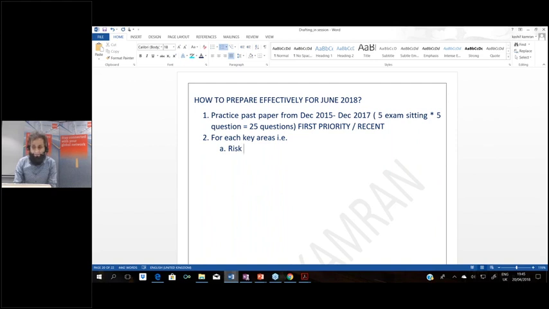When you practice the 5 exam sittings, you will get 5 questions on risk, because risk is question 1 by default. So automatically, you will get 5 questions on risk in the 5 exam sittings. So for each key area, that is A, risk, read the recent article.